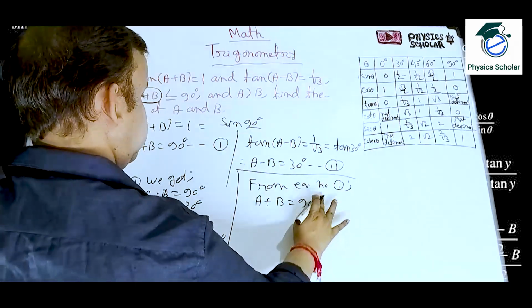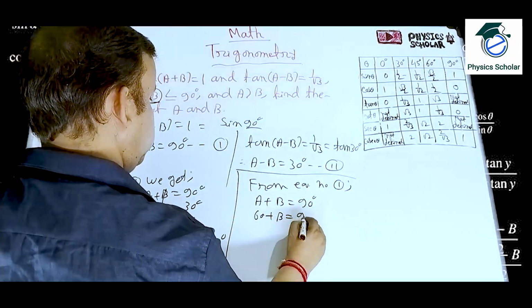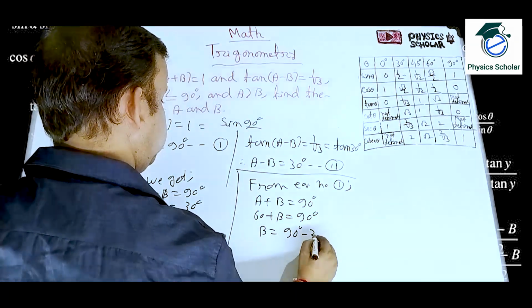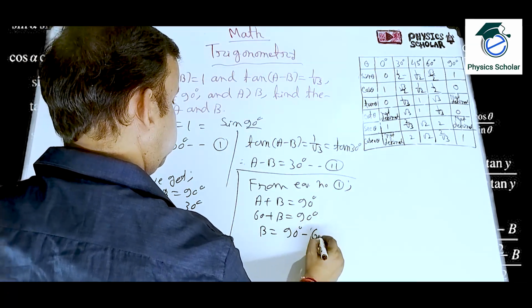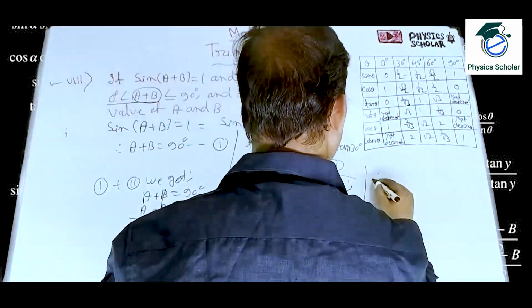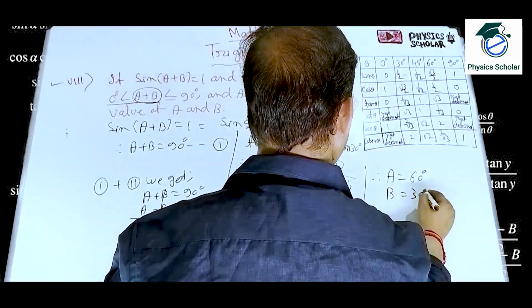That means a is 60, so 60 plus b is equal to 90 degree. So b is equal to 90 degree minus 60 degree, which is 30 degree. Complete. So value of a is 60 degree, b is 30 degree.